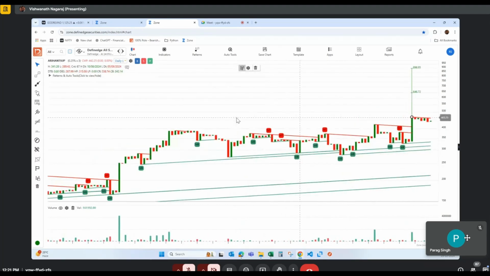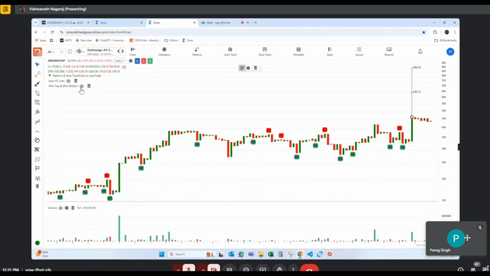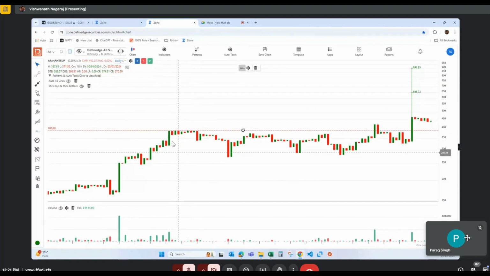But in this case, you can see a nice consolidation has happened from Jan 2024. If I just turn this off for the time being, if I take this area, it has been a nice consolidation around this area from maybe even December, Jan.